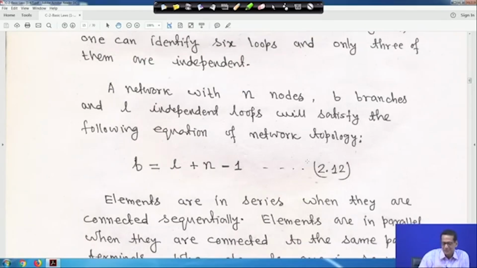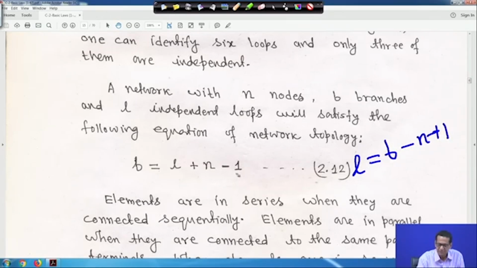Now in a network, if you have n number of nodes, L number of independent loops and B number of branches, the relationship is B equals L plus n minus 1. Other way, if I write that L, the independent loops, is equal to B minus n plus 1, from this equation only.